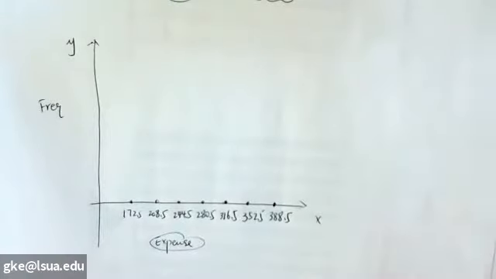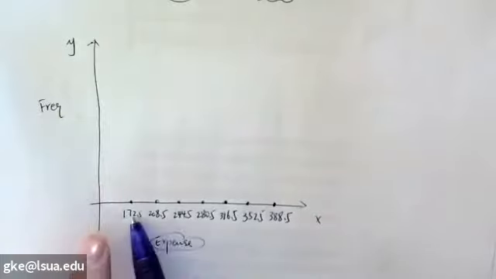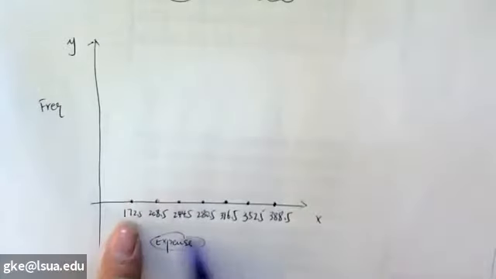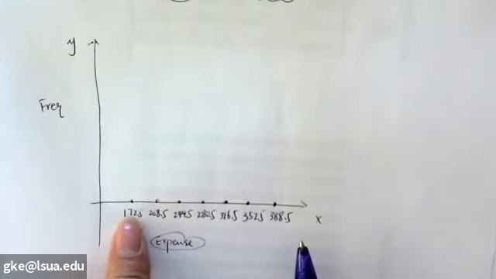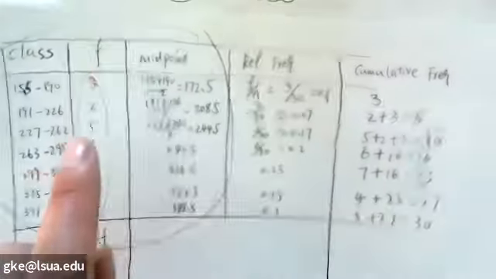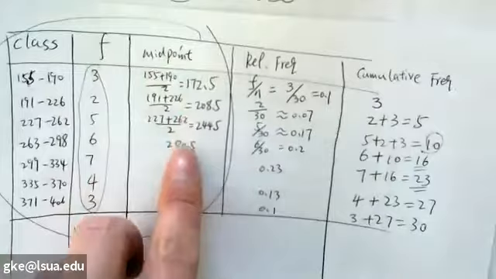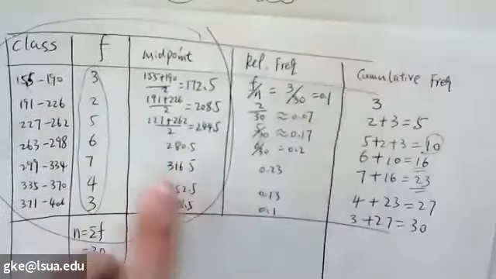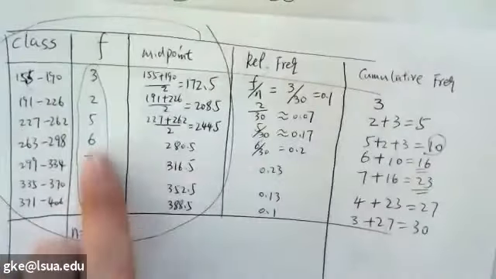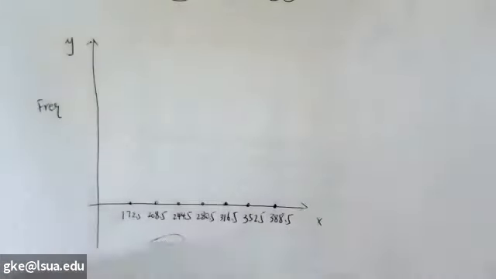And the most important thing is about the scale that we used for the x-axis. Here we use the middle points, okay, middle points I mentioned in this table. And for the y-axis, we use the frequency, okay?